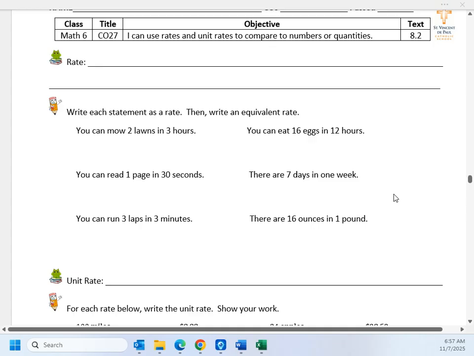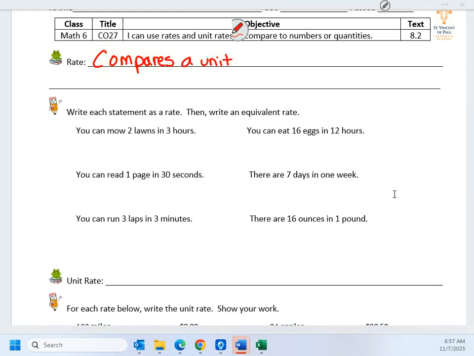So a rate compares a unit to another unit.